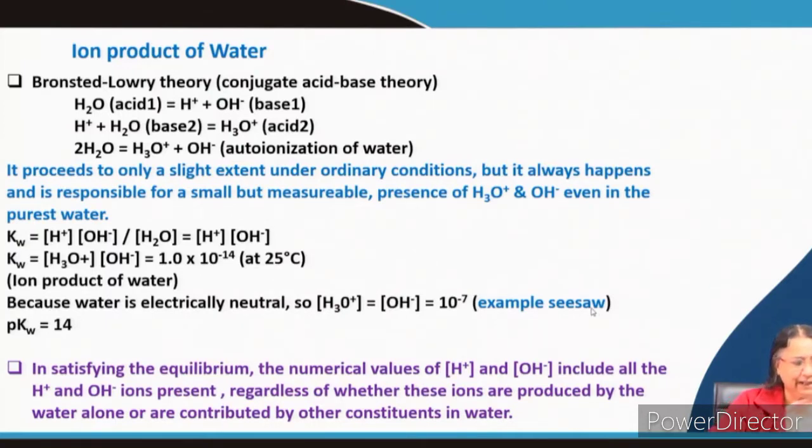So, in satisfying the equilibrium, the numerical values of H plus and OH minus ion concentrations include all the H plus and OH minus ions present. It is true not only for water, but if something is there in the water, then also we must remember that the product of H plus ion concentration and OH minus ion concentration will be nothing but 10 to the power minus 14.